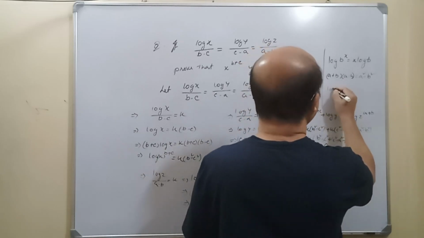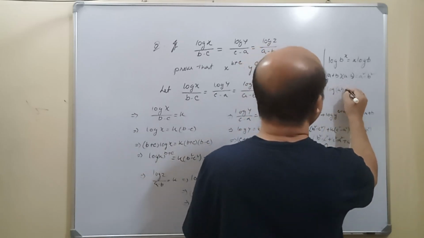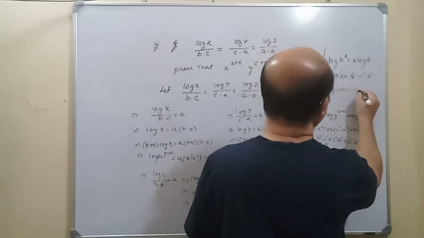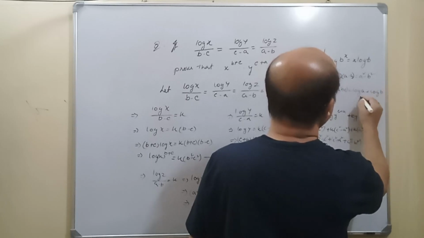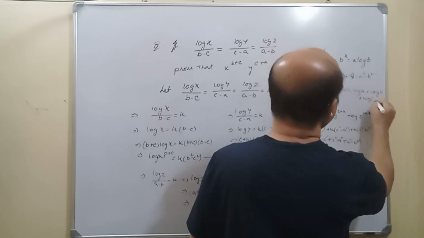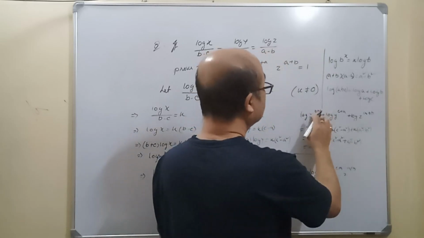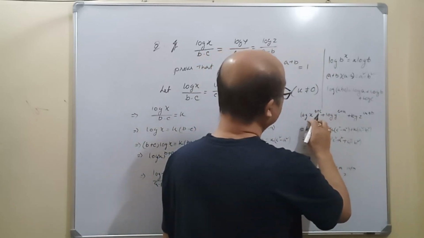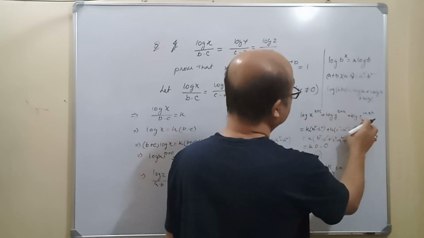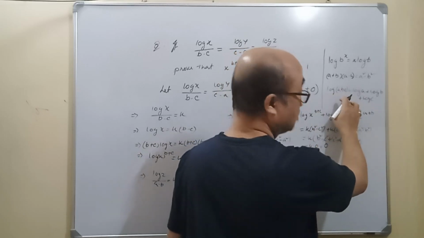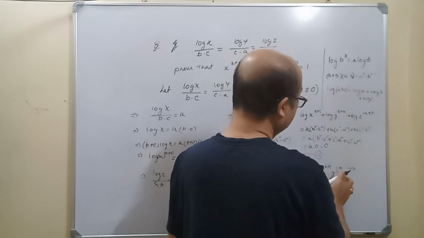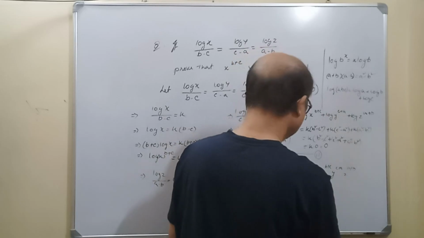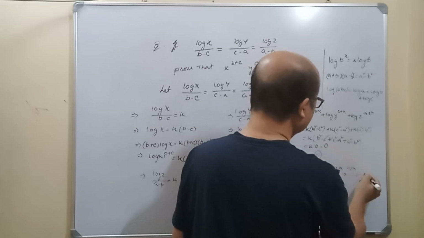Because log of a product is equal to log a plus log b plus log c. If we assume this whole thing is a, this whole thing is b, and this whole thing is c, then it becomes this formula: log a plus log b plus log c is log abc. So that simply means this whole thing is equal to 0.